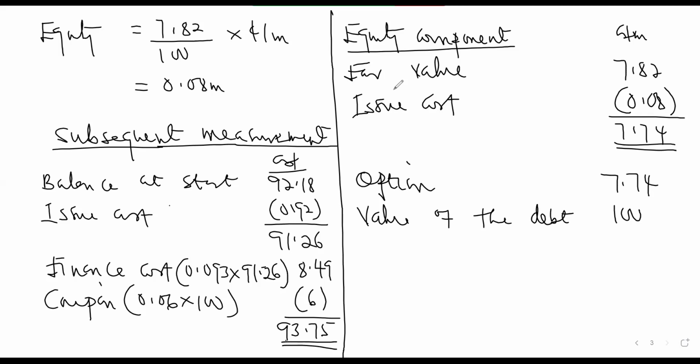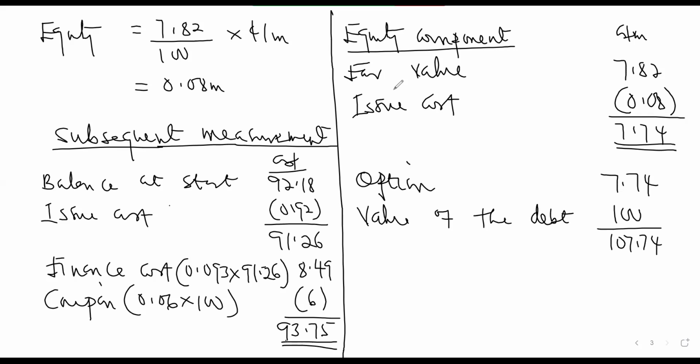The conversion will be done at the end of the year. So the value of the debt is now 100, and what is going to happen is that we will be having 100 or 107.74. That is the total amount that we'll be having for them.